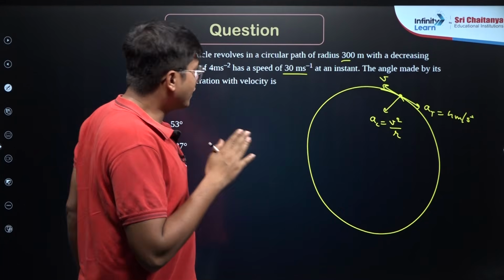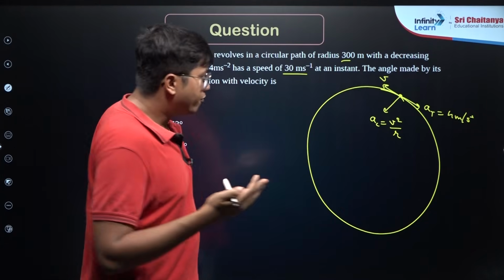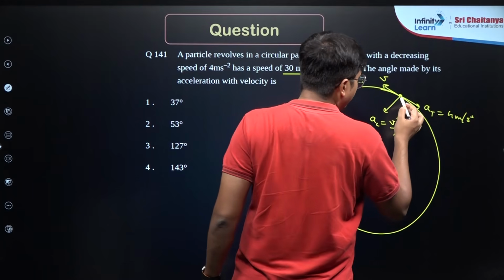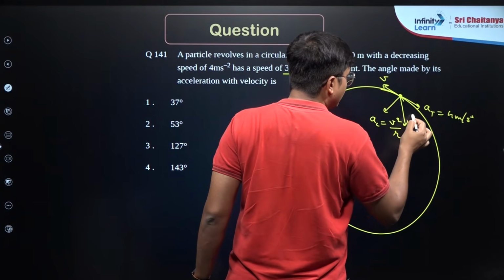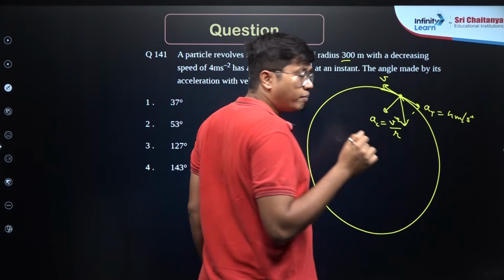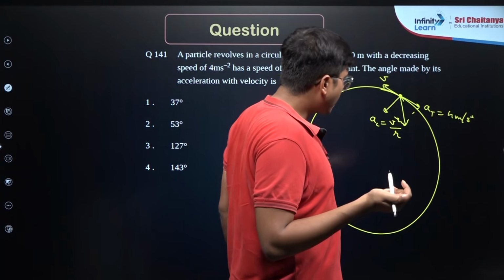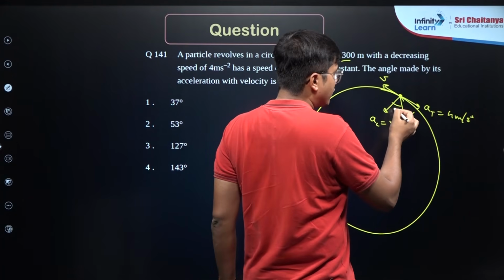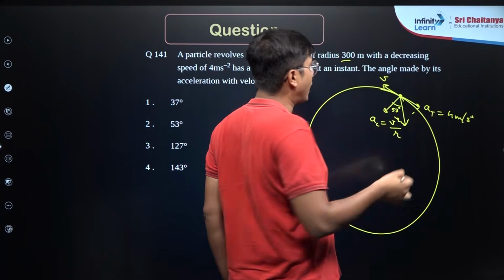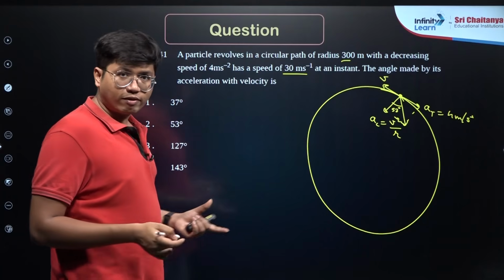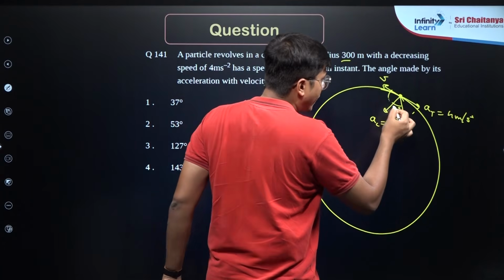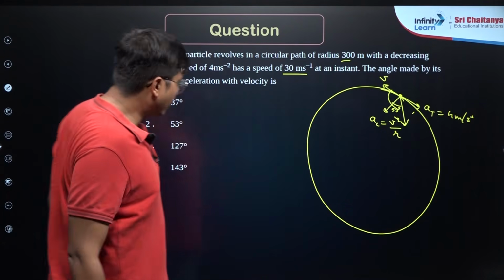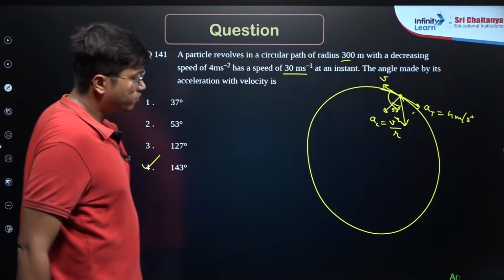Now, if you solve this, I think you get the angle as 53, and many of you would have gone with that, but be careful that the resultant acceleration will point in this direction. You might have got this angle as 53 degrees, but remember they have asked for the angle made with regards to the velocity. So you need this full angle, which is 90 plus 53, which would be 143, option 4.